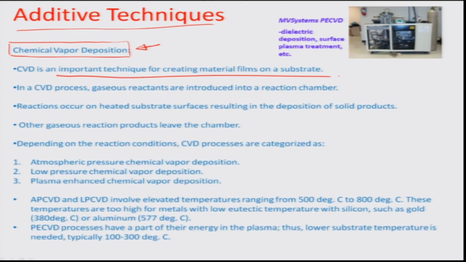The basic idea behind the process is that gas phase reactants are introduced into a reaction chamber, and they are allowed to react at a certain temperature. Because of this reaction, a third phase is created, which is not a gas.